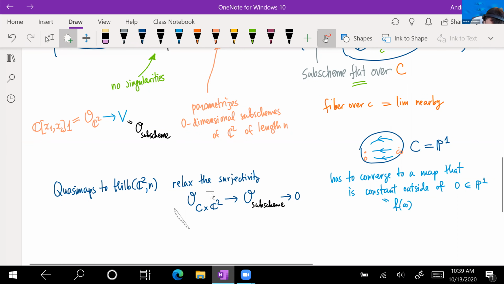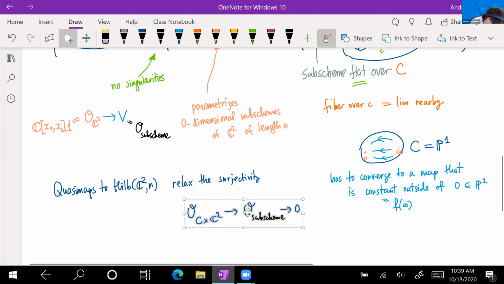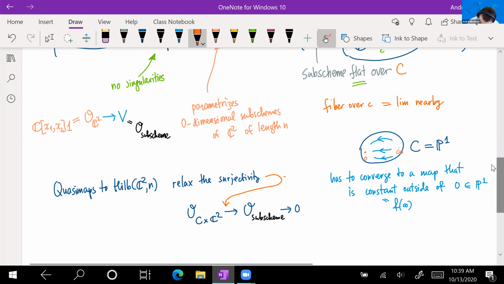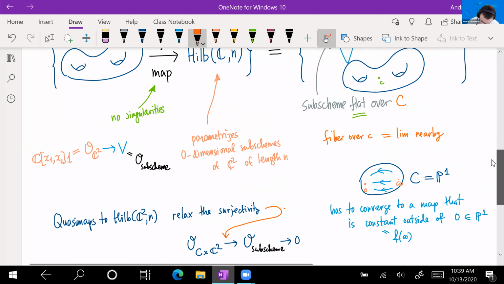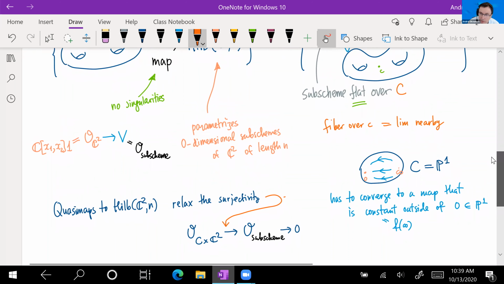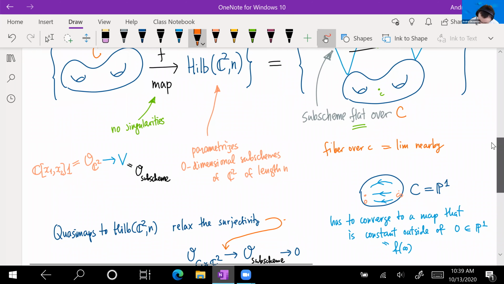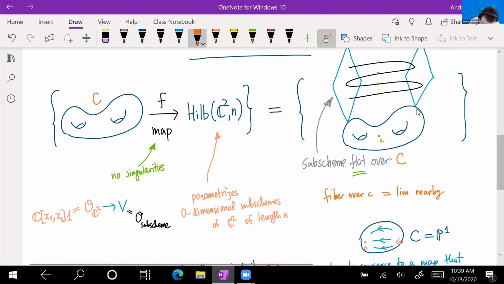Surjectivity of this map. And so what do they do? They relax it to the conditions. So maybe we will call the projection, the whole projection from the bundle to the base, maybe we'll call this map pi.